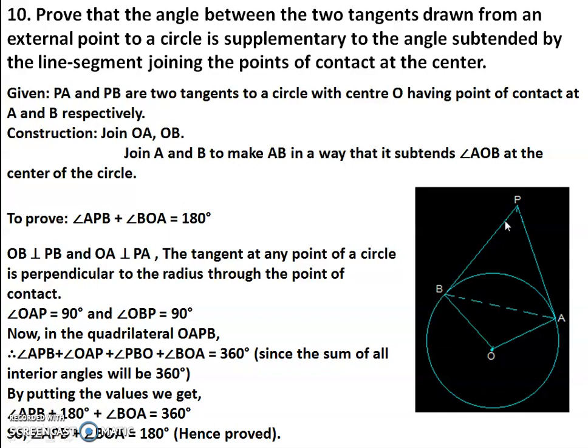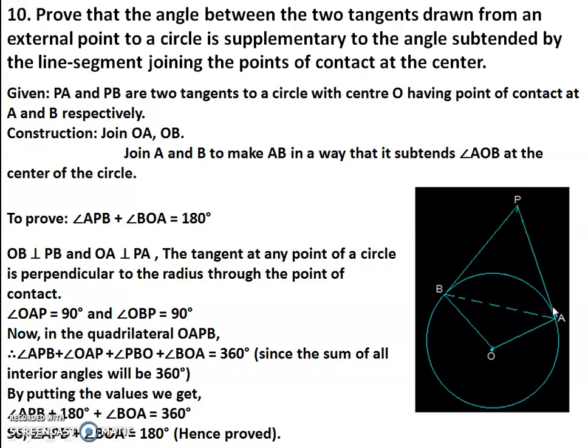What you have to prove? You have to prove that this angle, APB, plus this angle, BOA, is equal to 180 degree. Now, look here, we are using theorem 10.1. That is, OB is perpendicular to PB and OA is perpendicular to PA.